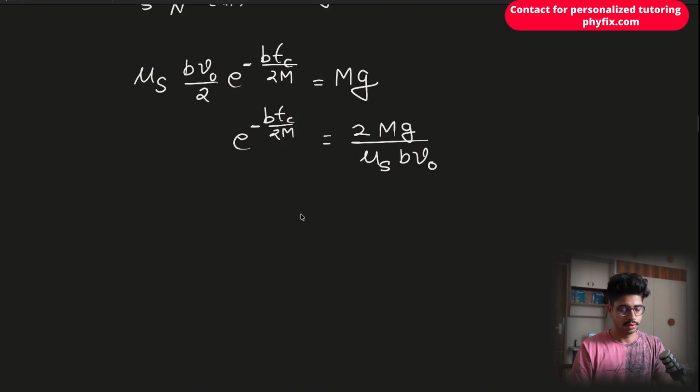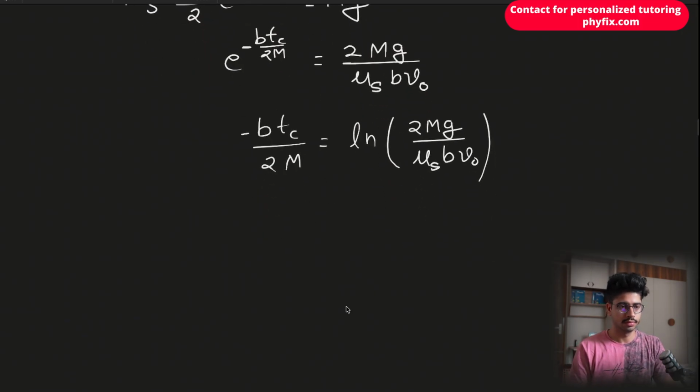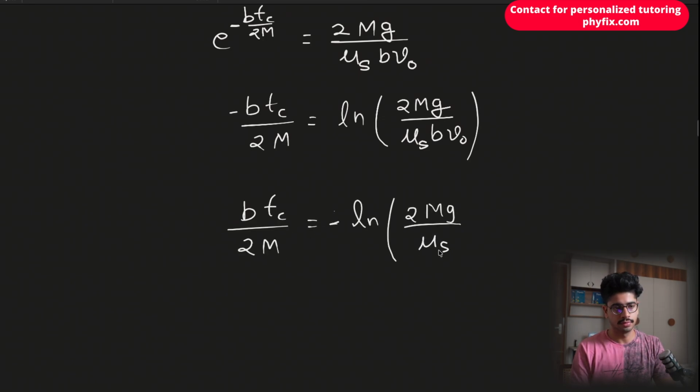Now let's change into the exponential. Now you can use the exponential property. This negative sign, you can take to the other side, so you can write it like this. You can take it as a power of this.